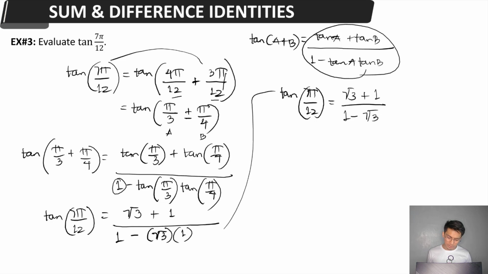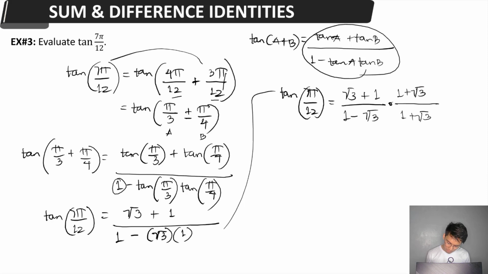Ang next na simplification natin, we use one method of algebra, tawag natin as the rationalization method. I-rationalize natin yung denominator. So, ang gagawin natin, we multiply by 1 plus square root of 3. Ayan. And ganun din ang gagawin natin sa numerator, 1 plus square root of 3.